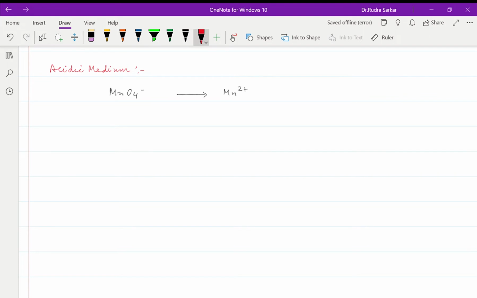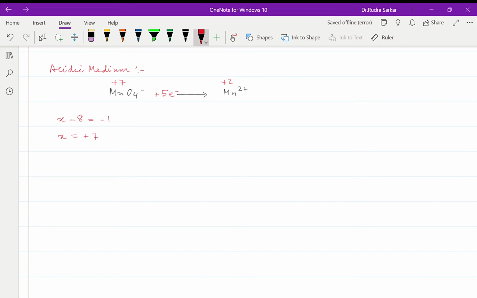If we do that, we know Mn is X. There are 4 oxygens, so minus 2 into 4, which is minus 8, and that is equal to minus 1. So the value of X will come out to be plus 7. So this is plus 7, and this out here is plus 2. So there is a 5 electron reduction for Mn.